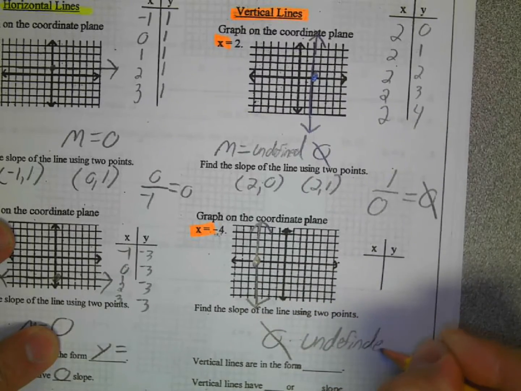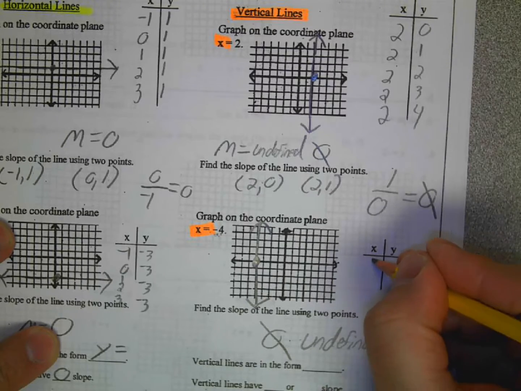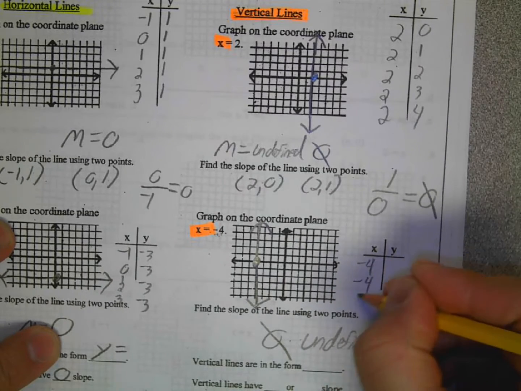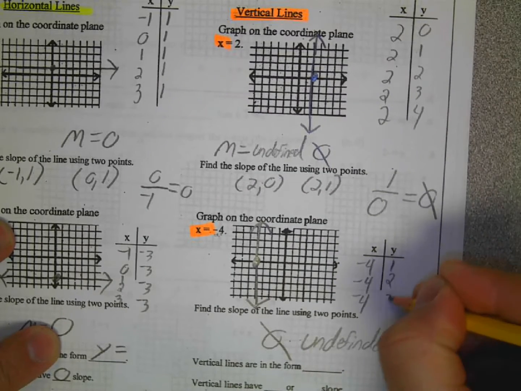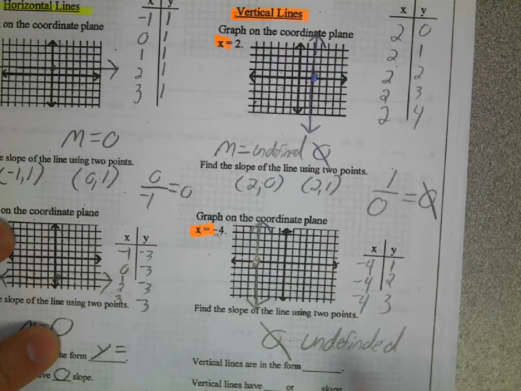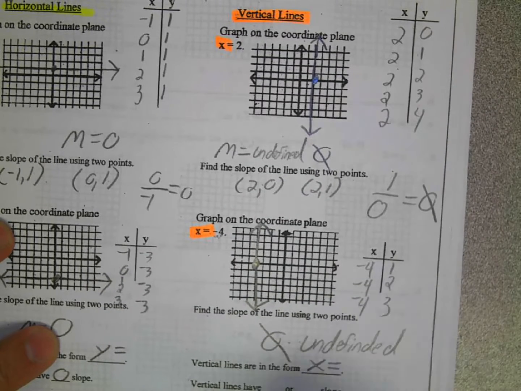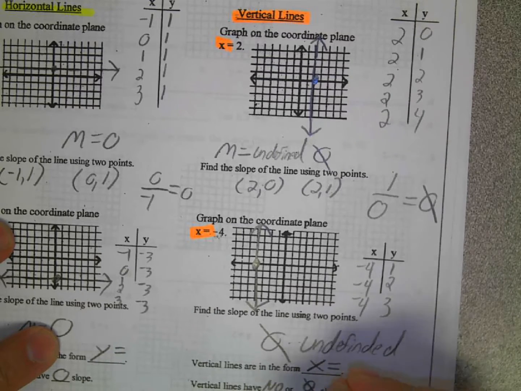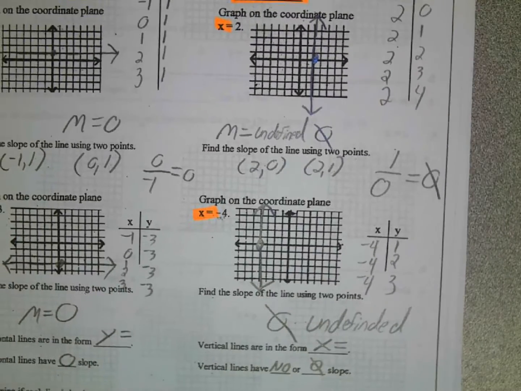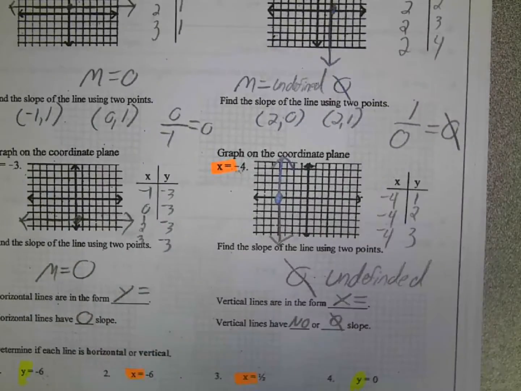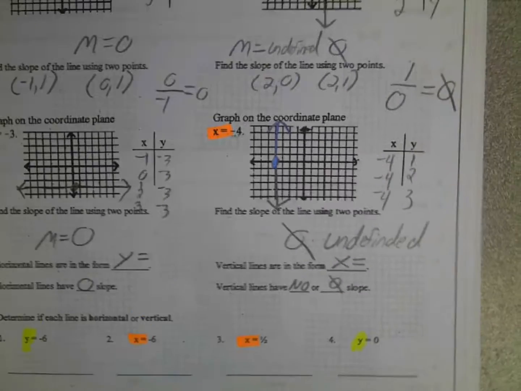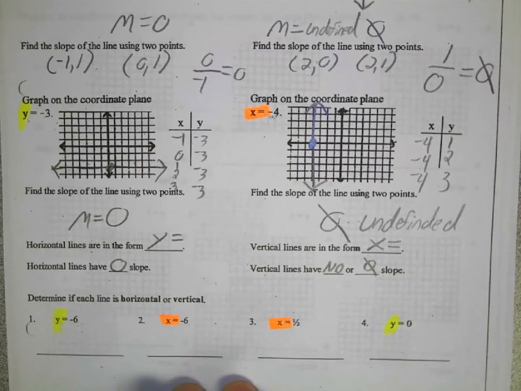So x is going to equal -4 no matter what the y is. Vertical lines are in the form of x equals, and vertical lines have no slope, or undefined slope.